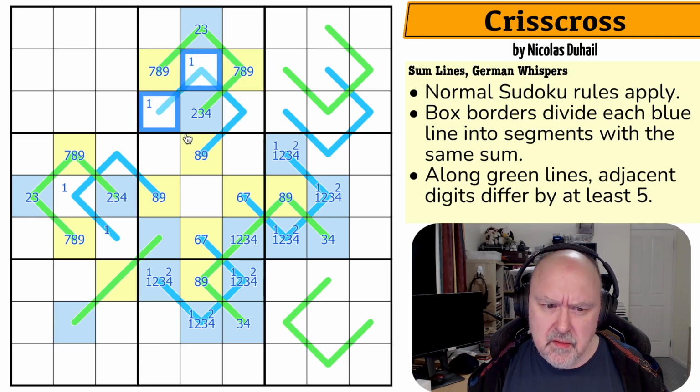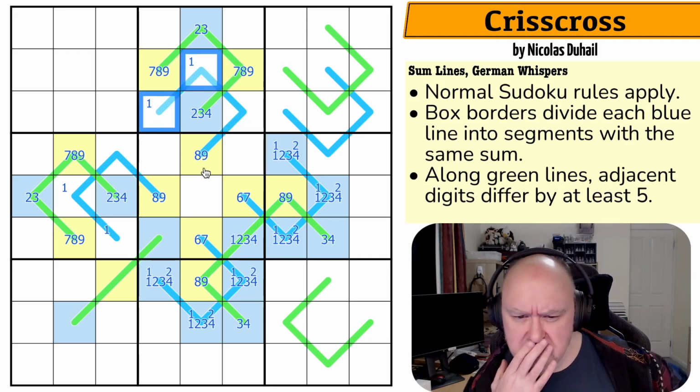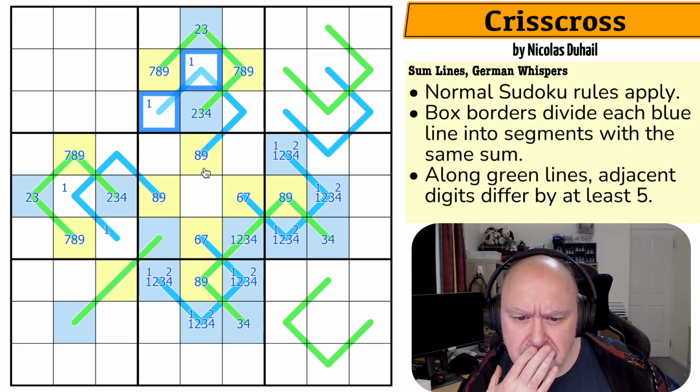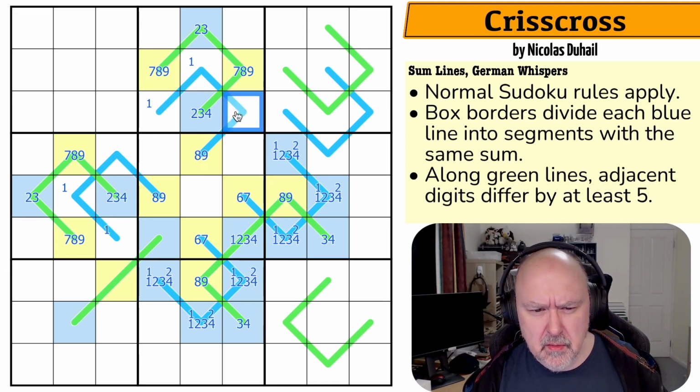Now there's a 1. I put 1 in one of those two. Why? I'm not sure why I restricted 1 to those. Isn't 1 restricted to the arrow somewhere? And I did the same here. Was that a mistake?